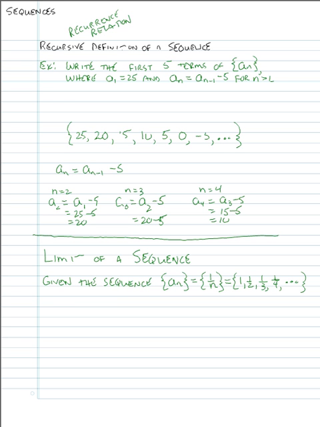So if we want to know the limit of the sequence, then that's exactly what we write in this fashion. What's the limit of a sub n as n approaches infinity? What we want to know is what number, if any, those terms are getting closer and closer to as we go further and further out in the sequence.